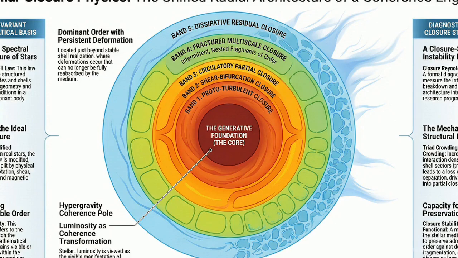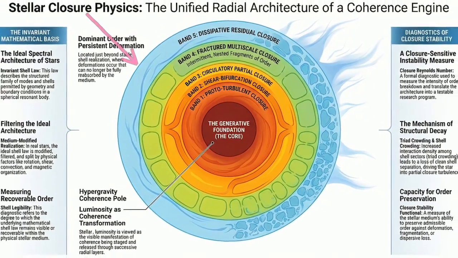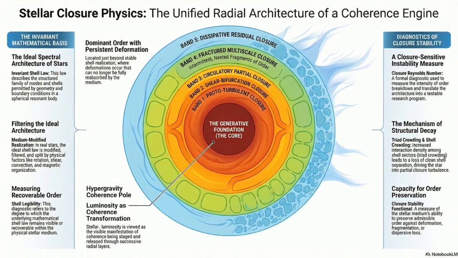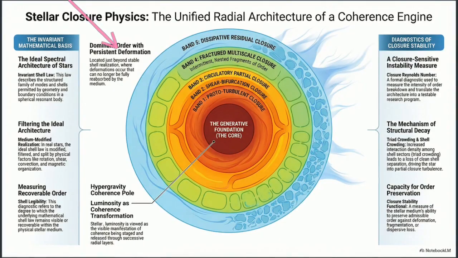This forces the structure into Band 4, fractured multiscale closure, which corresponds to the solar photosphere. In Band 4, shell inheritance survives only as intermittent, nested fragments across a multiscale field. These fragments dictate the organized cellular patterns we see on the Sun's surface. Finally, the sequence ends in Band 5, dissipative residual closure.